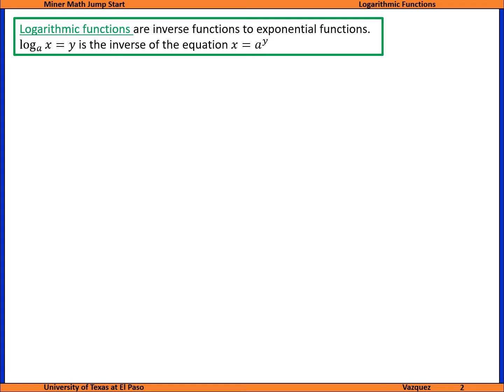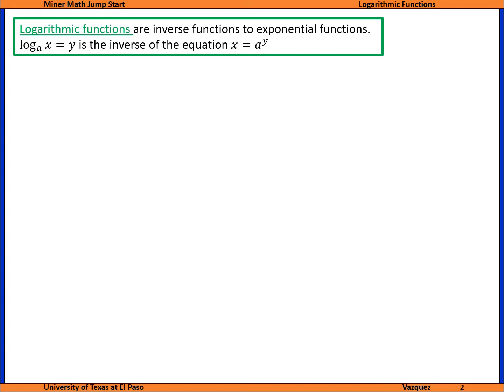Same thing with multiplication and division. Multiply by 3, divide by 3, you're back where you started. Well, logarithmic equations or functions are the inverse of exponential functions. So when something increases exponentially, to undo that, you take the logarithm and you're back where you started.